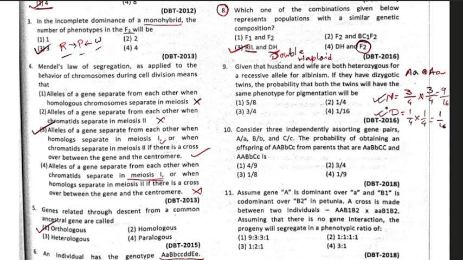The child could be normal or diseased, so in that case we have to add these ratios, 9/16 plus 1/16, that is 10/16, which is 5/8. Is 5/8 in the options? Yes, option A, 5/8.